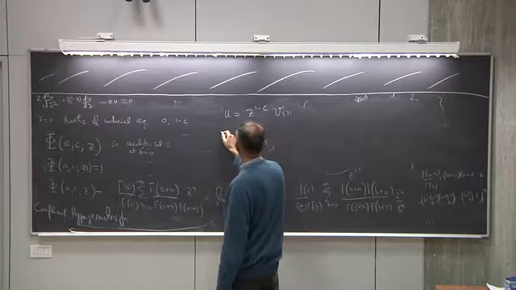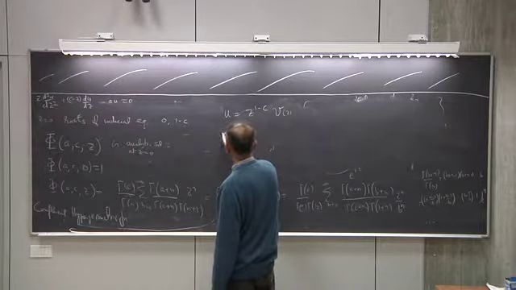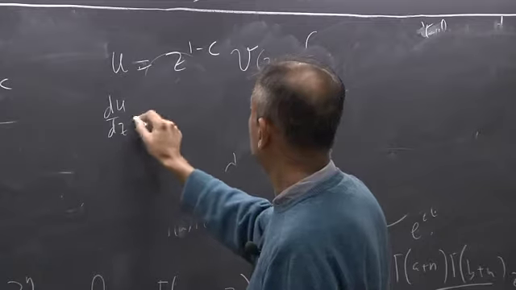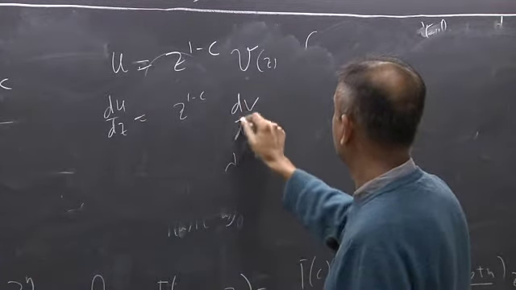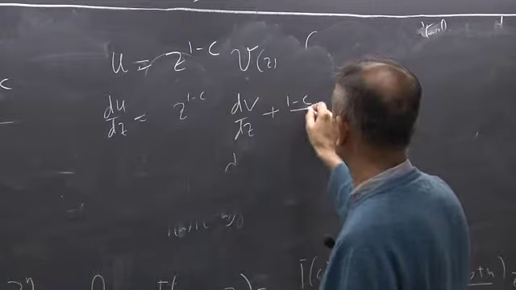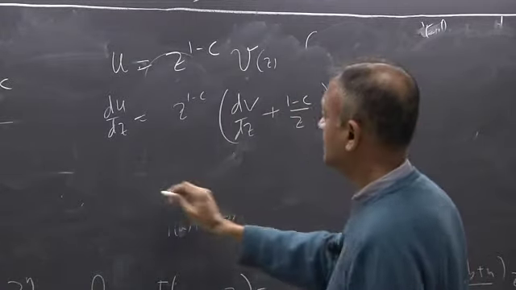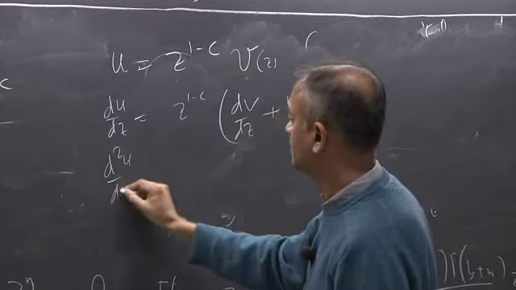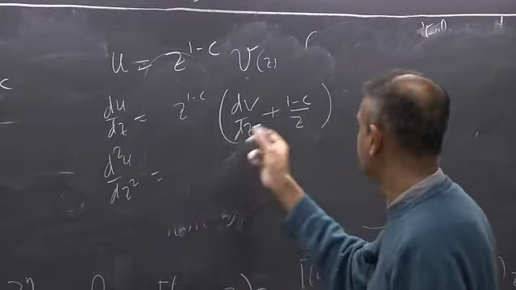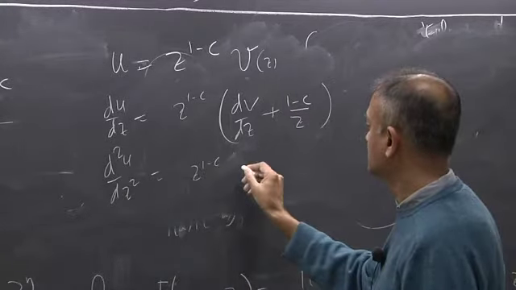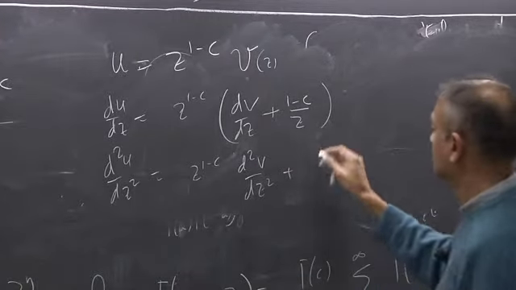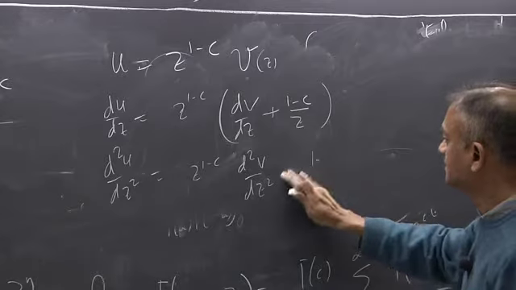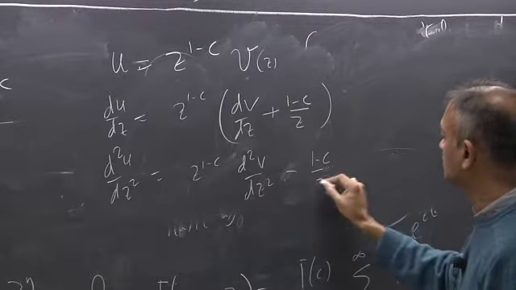So you get du by dz, we have to keep doing it, is the same as z to the 1 minus c dv by dz plus 1 minus c over z. Then d2u by dz2 will be z to the 1 minus c d2v by dz2 plus 1 minus c over z squared.